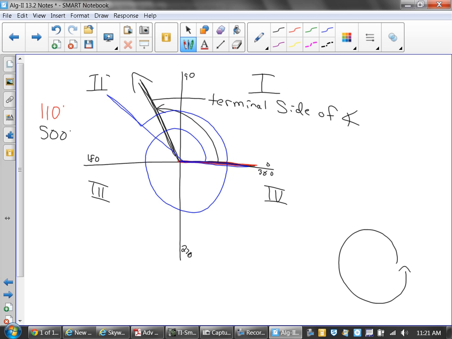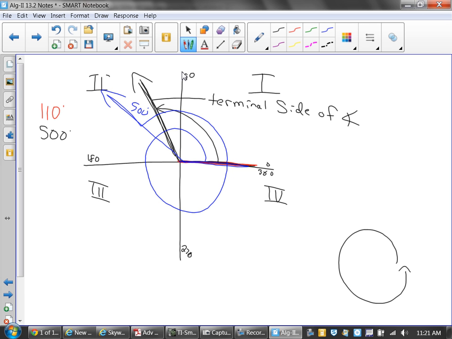And there's my 500 degree angle. That's very rough. What we're doing here is we're setting up to show what quadrant the terminal side of an angle lies in.